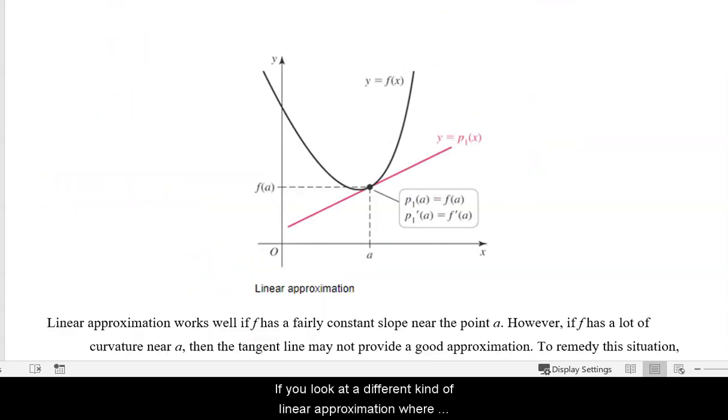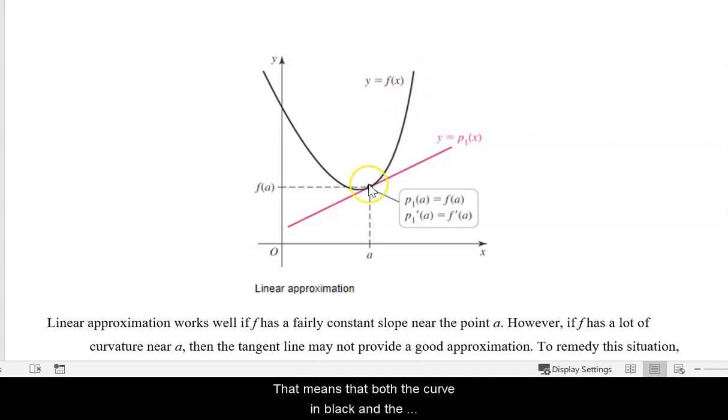If you look at a different kind of linear approximation, where the graph is not a rational function and instead you were looking at, say, a parabolic function, on this particular graph, you'll see that they've chosen this value to serve as a, and this y value is the value you get out of the parabola when you plug in a.